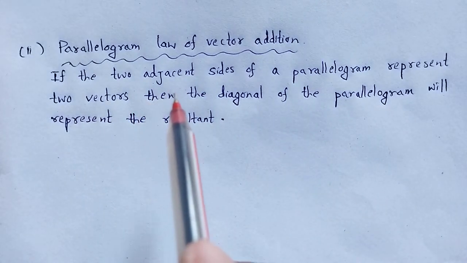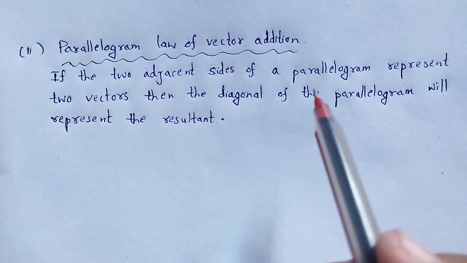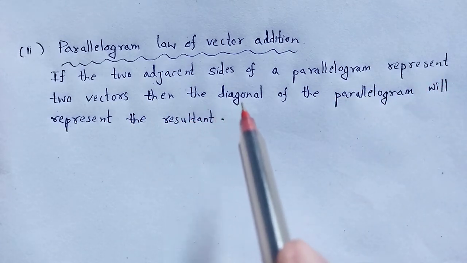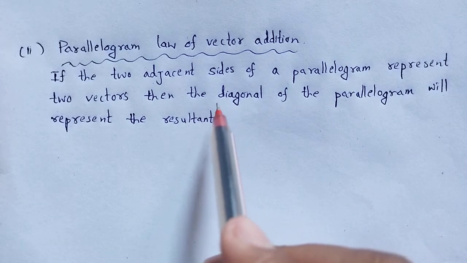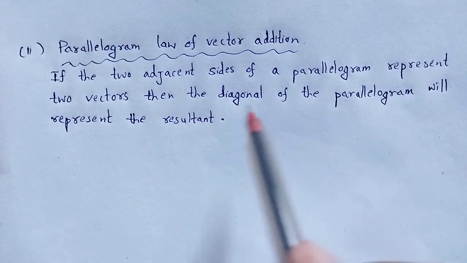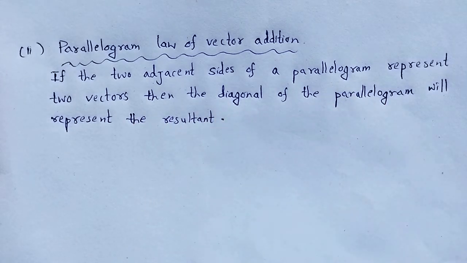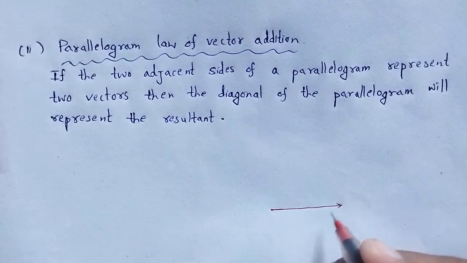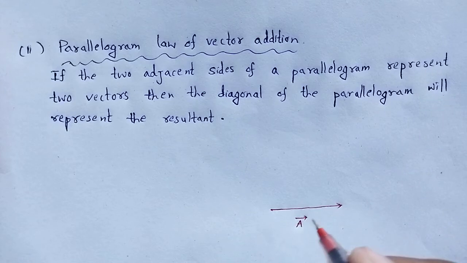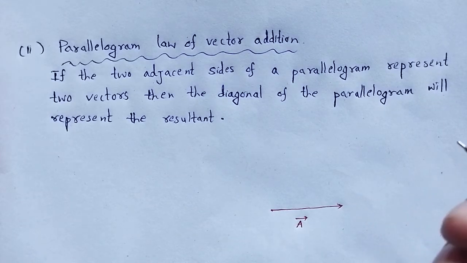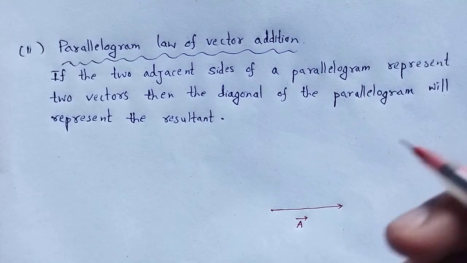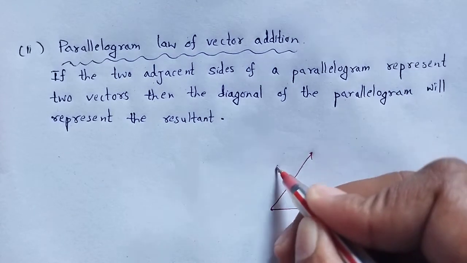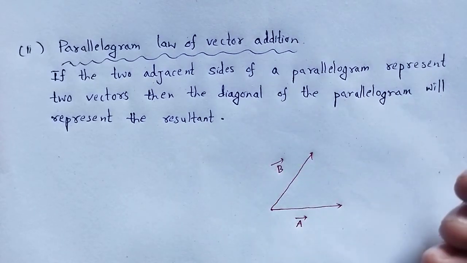If the two adjacent sides of a parallelogram represent two vectors, then the diagonal of the parallelogram will represent the resultant. Graphically we can represent this: let this be A vector and this one be B vector.